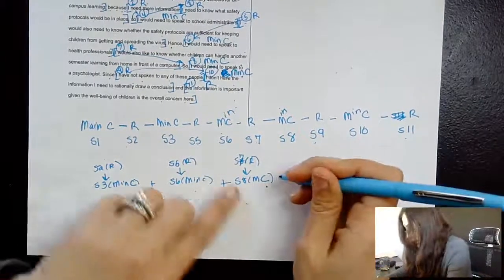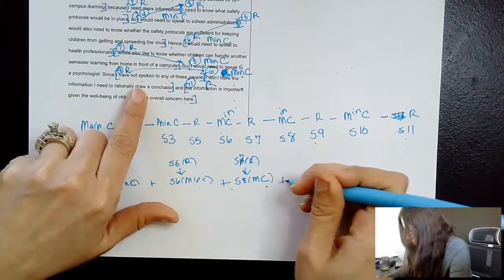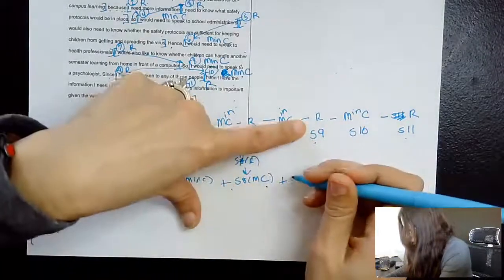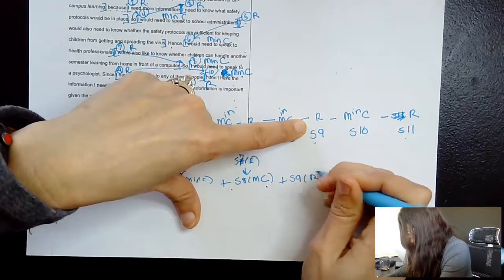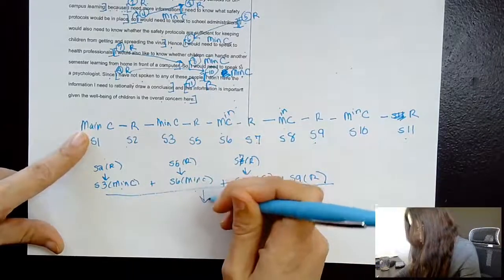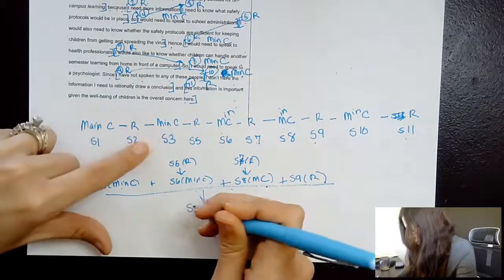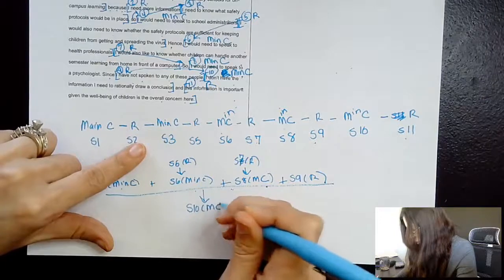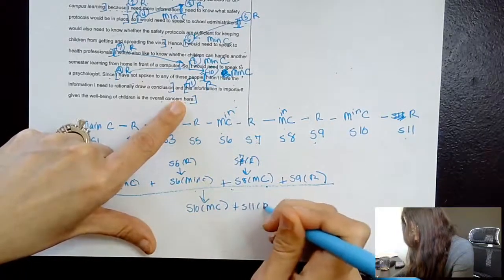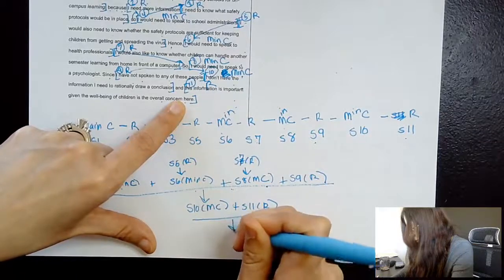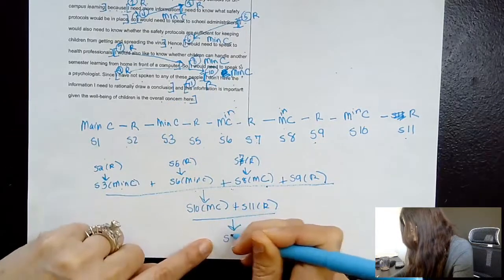So then they bring in S9, a reason, okay? And then all of this functions to support S10, a minor conclusion. Then they bring in S11, another reason, which is then used to support S1, the main conclusion.